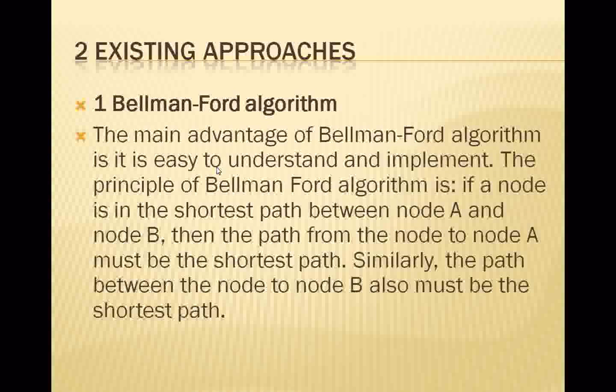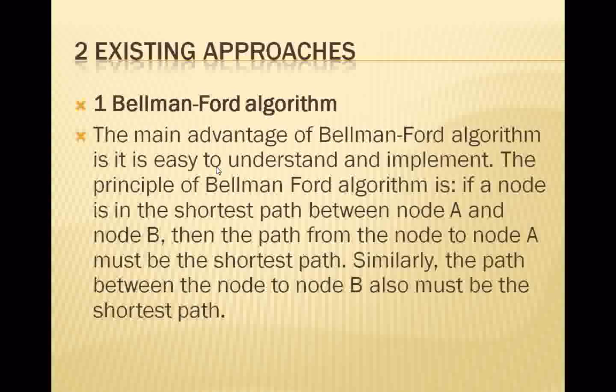In the second part, I would like to introduce the existing approaches to solve this problem. In this project, the problem is the algorithm for the routing table. Nowadays, there are two main kinds of algorithm. The first one is called the Bellman-Ford algorithm.